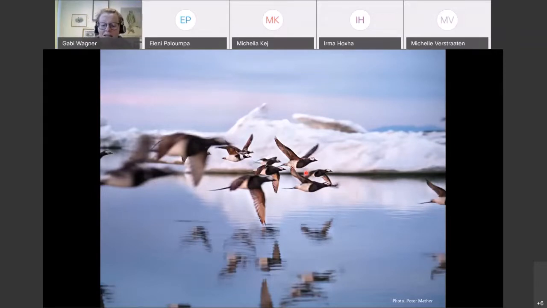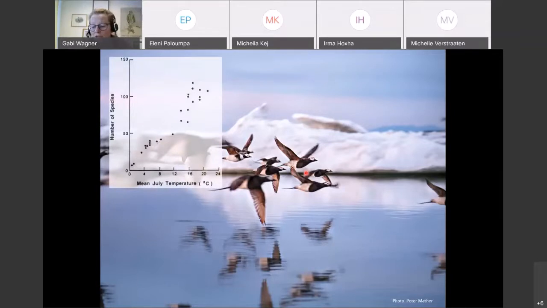So as the temperature rises, as more and more sun energy is coming into the Arctic, there is an explosion of species. And here you can see, as the temperature goes up, more and more bird species, this is just the number of bird species observed, come into the Arctic to make use of this incredible richness in biomass to breed.